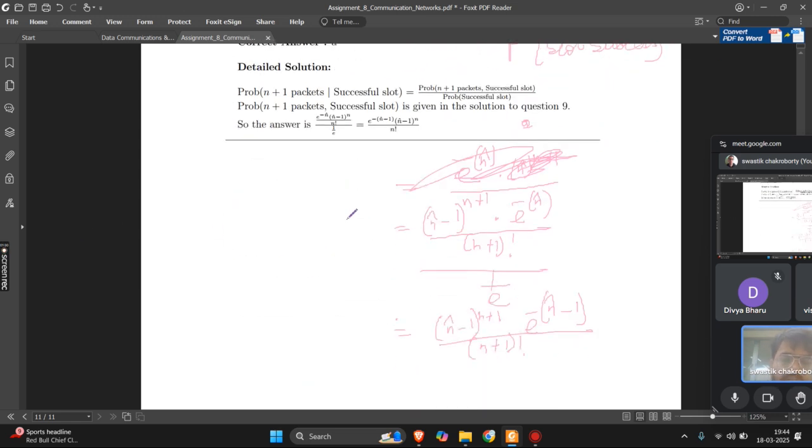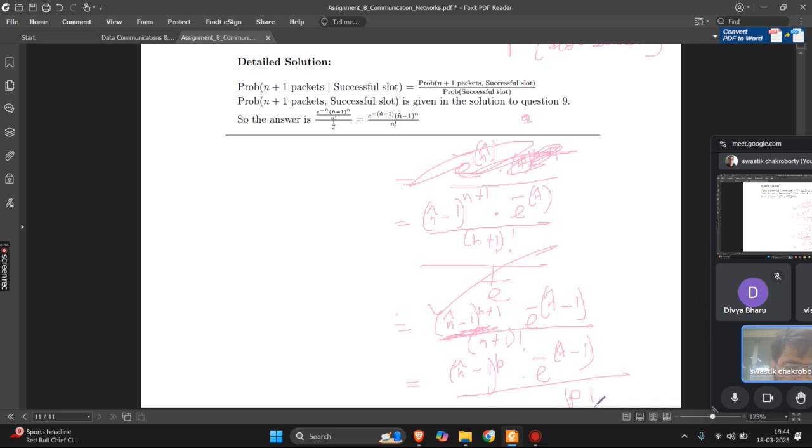So this is again Poisson with a mean. Instead of n, we have n plus 1. So we can just write n plus 1 as some new variable p: (n hat minus 1) to the power p, e to the power minus (n hat minus 1), by p factorial.